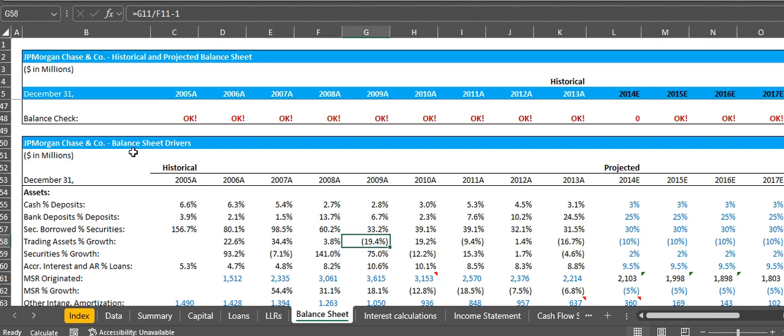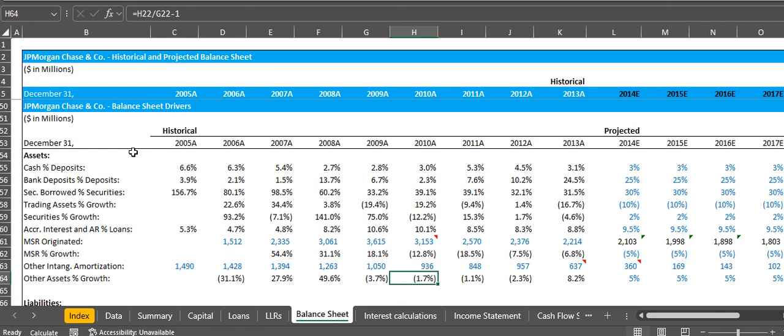Trading assets growth is around 10%. Accrued interest and AR loans is 9.5%. Originated MSR percentage growth is around 5% over the year. Then we have other intangible amortization, 1428, and the other assets growth, 360 and 5%.